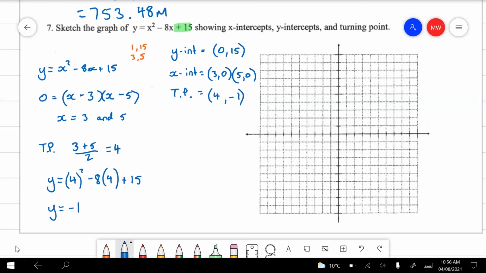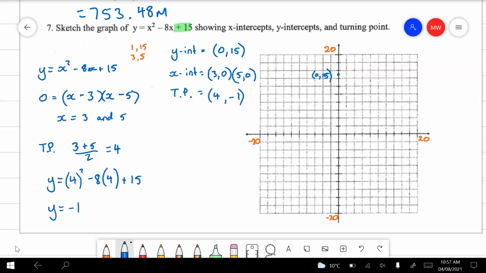And now all I've got to do is get this on the graph. I'm noticing that the y-intercept's quite large, so I'd normally just scale these to 10s, but this time I'm going to make them 20s so that it fits. It's important you put a scale on. That means that my y-intercept is going to occur here, where x is 0, y is 15.